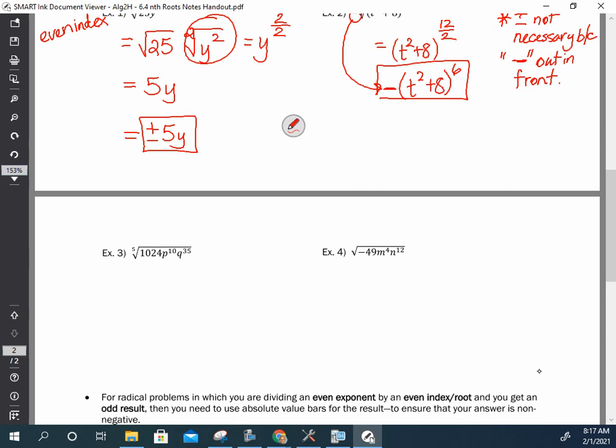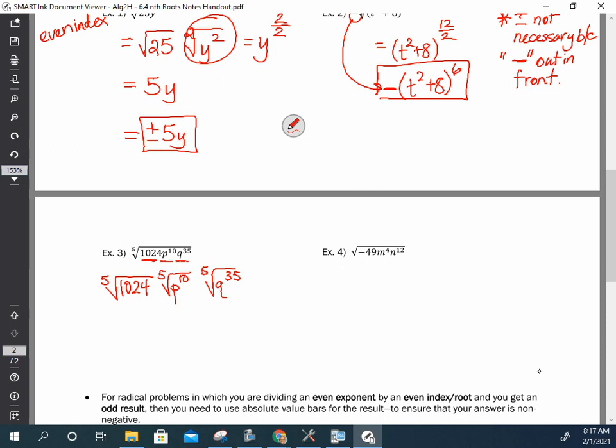So notice that we have 3 items underneath, so we can separate it if we choose to. 5th root of 1024, 5th root p to the 10th, 5th root q to the 35th power. You don't want to separate it, don't separate it. So now we do each part.